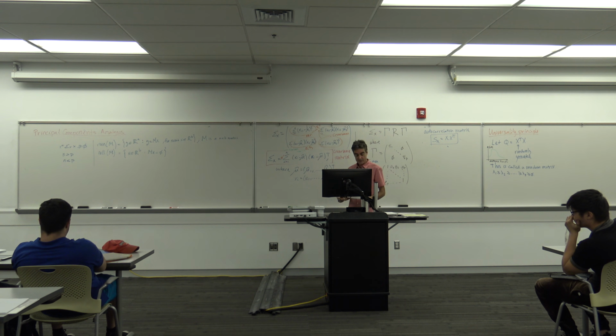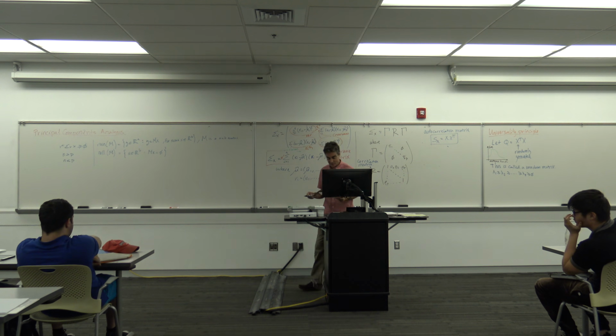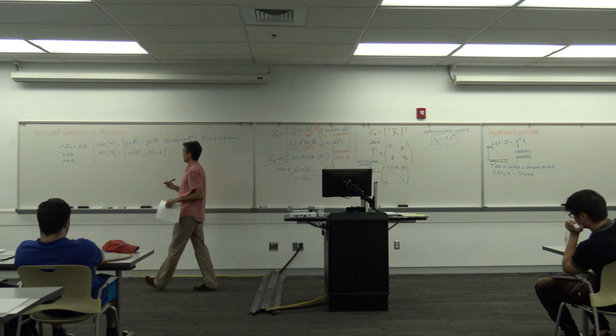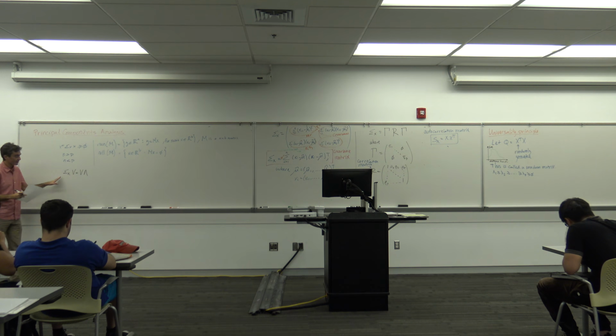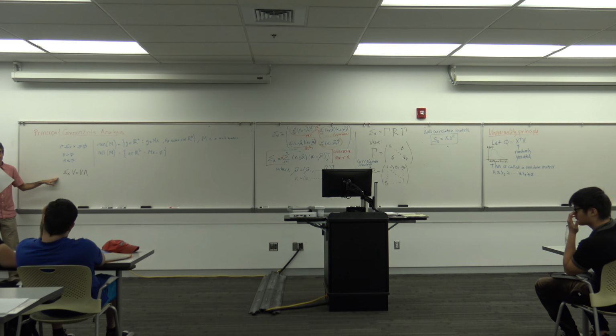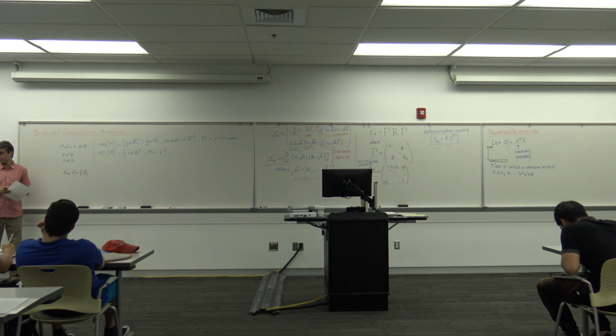All right. So with that quick overview of matrix computation, let's go back to our equation, which is sigma x V equals V lambda. And this is nothing else than the eigenvalue decomposition of sigma x.